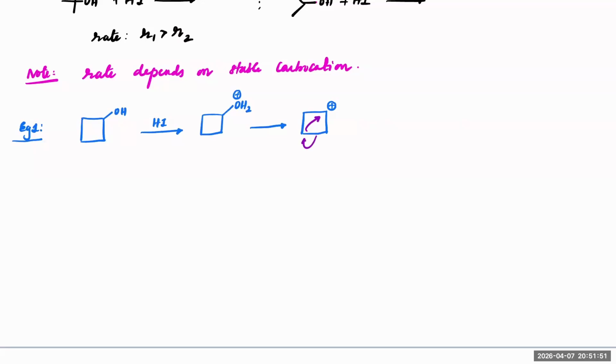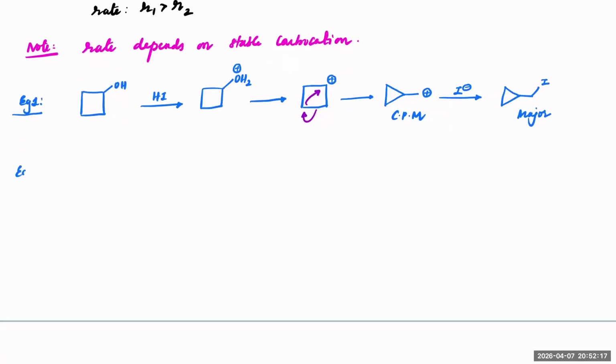Basically the bond will break here and attach so that it can become a three-membered ring with a carbocation, which we call the CPM carbocation. And you know that CPM carbocation is highly stable. That's when I minus will attack, and the final product you will report is this one. This is the major product that you will report.